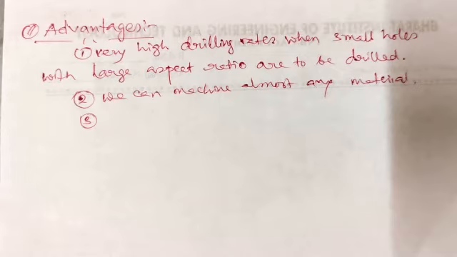Next, we can also process fragile and brittle materials easily, because it is something like a heating process. As we are not going to apply any force, a completely stress-free operation will be generated. Mechanical stress I am saying. And because of that, we can machine fragile and brittle materials.